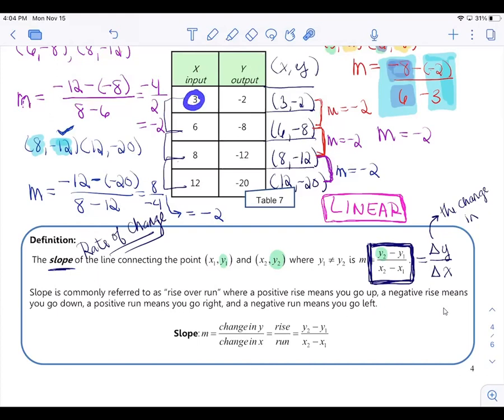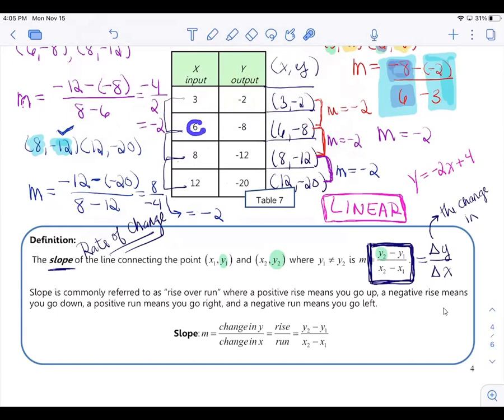What would you get? -6. Awesome. What could you add to -6 to get -2? Add 4. Yeah. So let's see if that works. I'm not asking you for the equation, but just to get us thinking more.